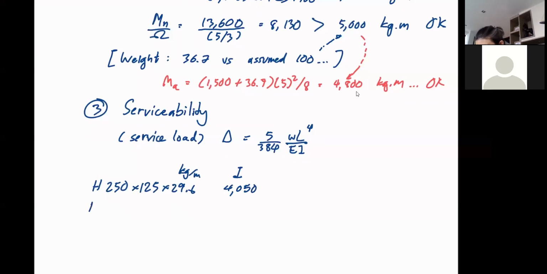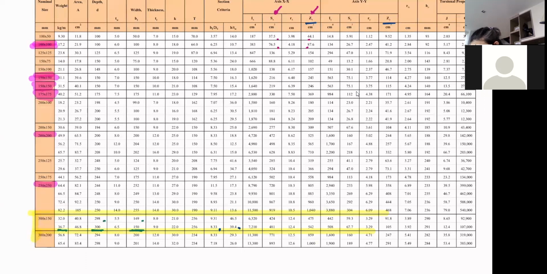Oh, it doesn't look like 5 at all. And for this H 300 by 150 by 32, the inertia is right here. That's I coming down here. You see 11,000 now. Oops, sorry, that's the wrong one. 6,000.